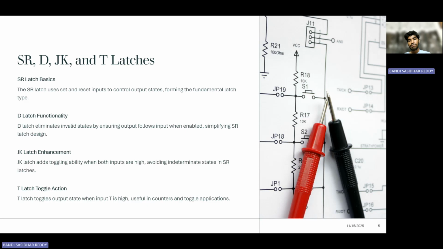The T latch, where T represents toggle, changes its output state whenever the input T is high, making it useful in counters and toggle operations. Each latch type has unique characteristics and is chosen based on the requirements of digital system design. Understanding these types helps in selecting the appropriate latch for specific applications.